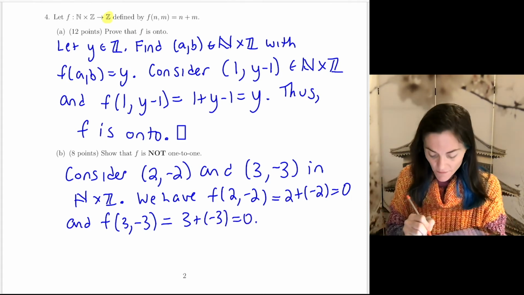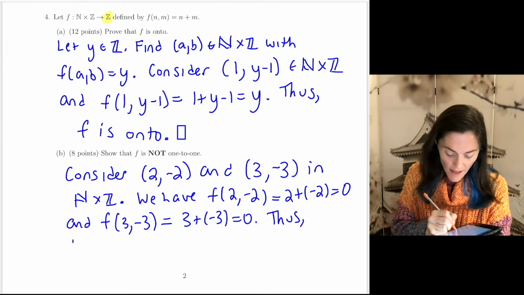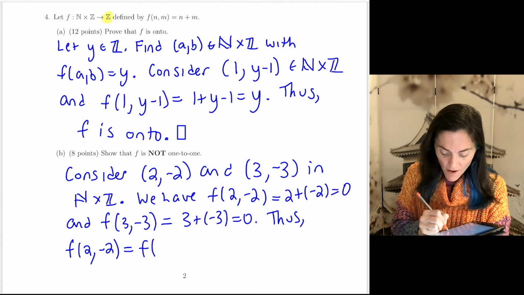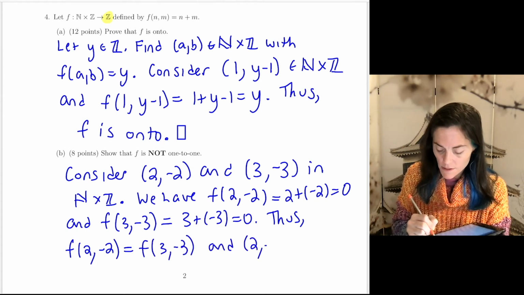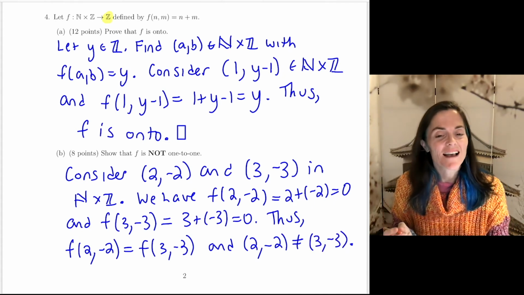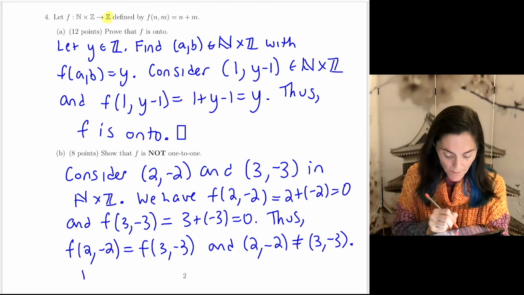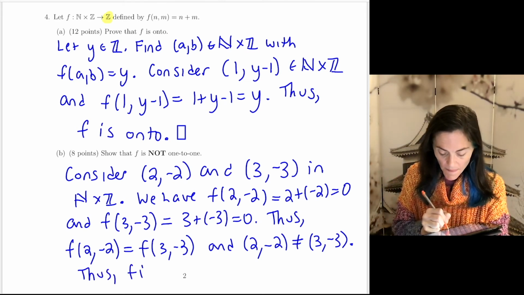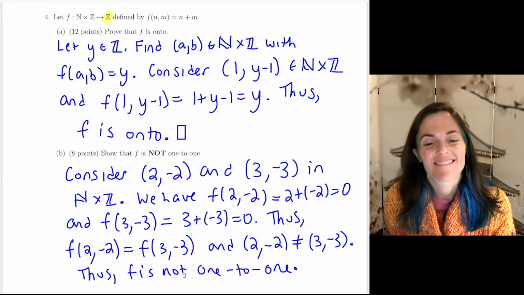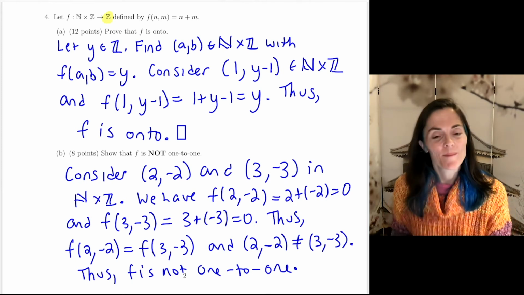So we do have f of (2, -2) equals f of (3, -3), and these ordered pairs are definitely not equal. So this justifies that f is not 1-to-1. This is the end of number 4.